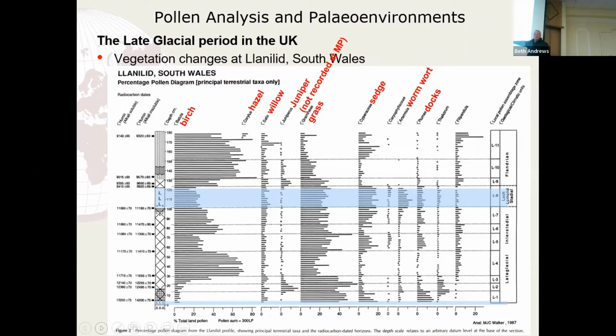It got warmer, but then there's an interruption back to colder conditions known as the Younger Dryas, which sent birch levels plummeting. Then the ice age finished for good around 11,500 years ago, and we see this massive increase in birch pollen again. Another increase in juniper, which then decreases as birch increases, and the whole story is repeated.